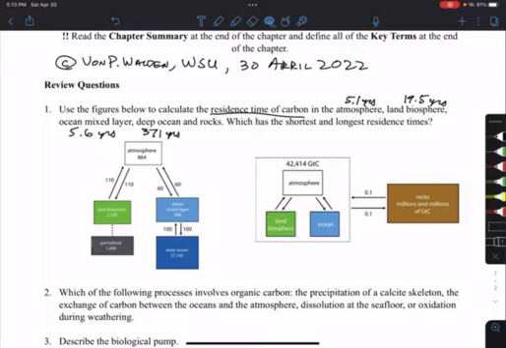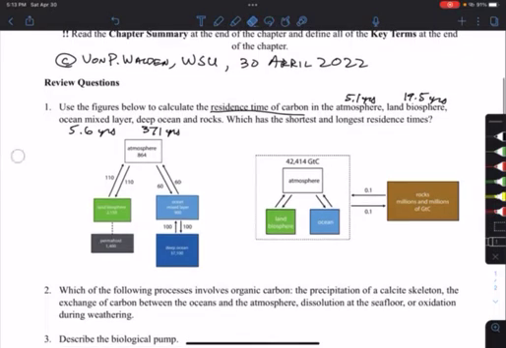So now let's finally look at the rocks. The rocks have millions and millions of gigatons of carbon. So I'm just going to provide a lower estimate of that by saying let's just assume the rocks are only 1 million. But you'll see that this is a low value.